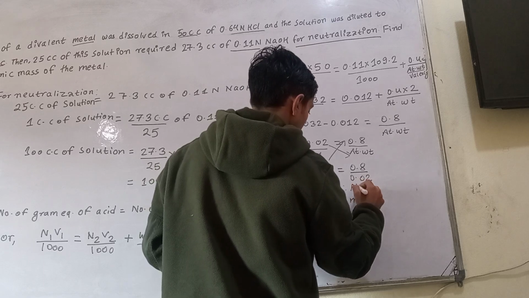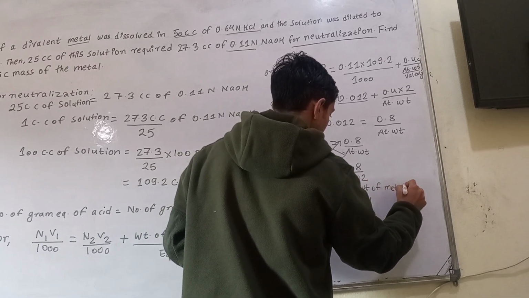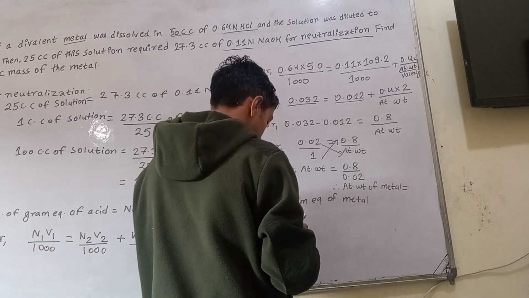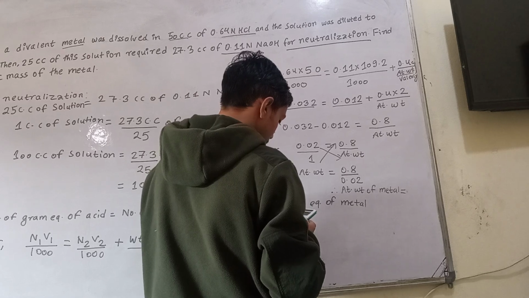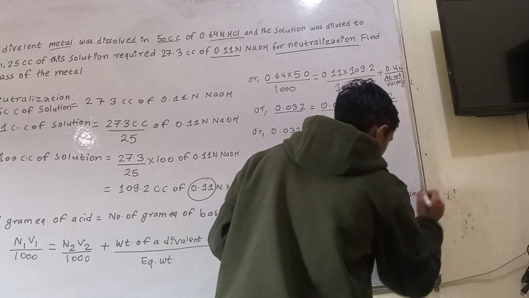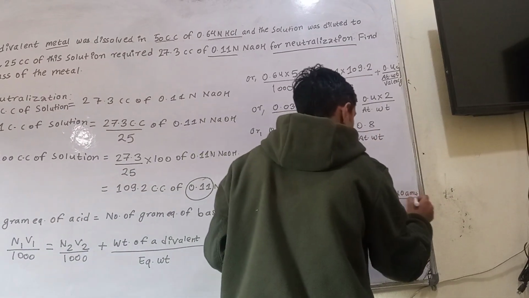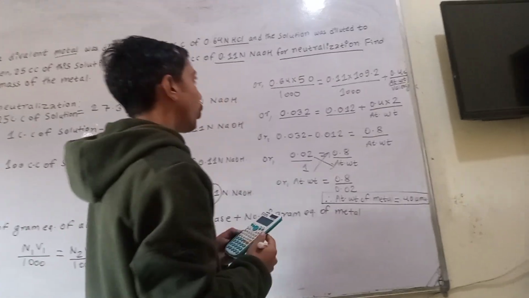Therefore, atomic weight of metal equals 40 AMU. This is the required solution we need to come up with for such type of question.